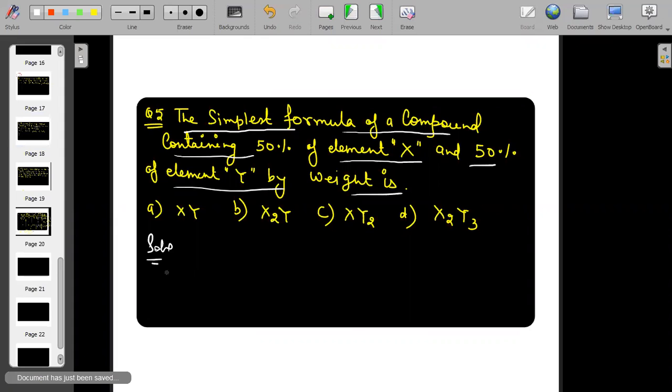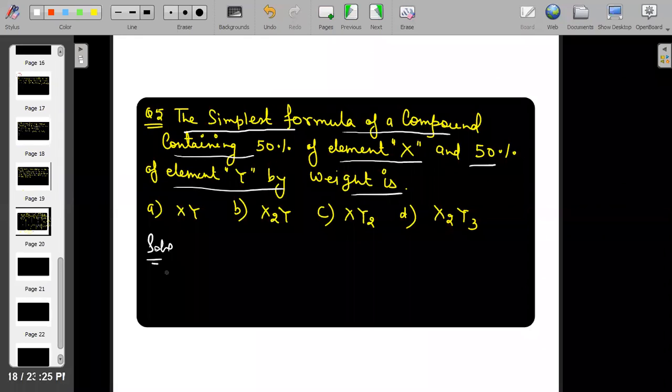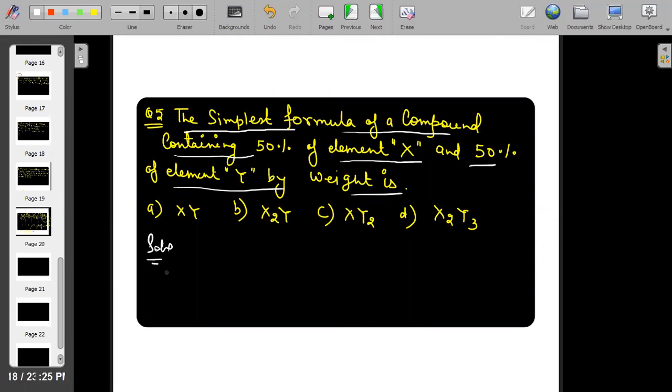What should be the answer? It's very simple.